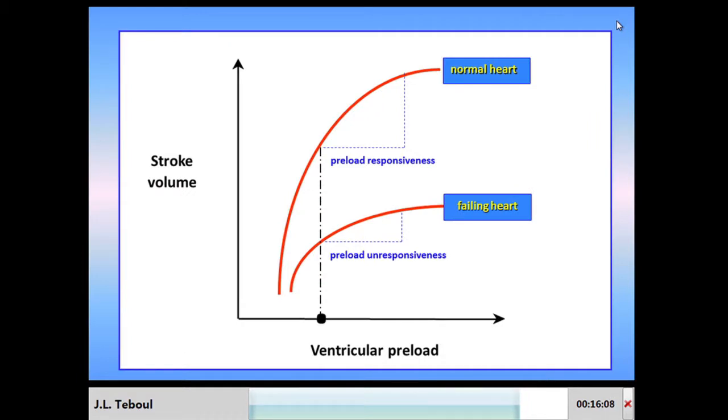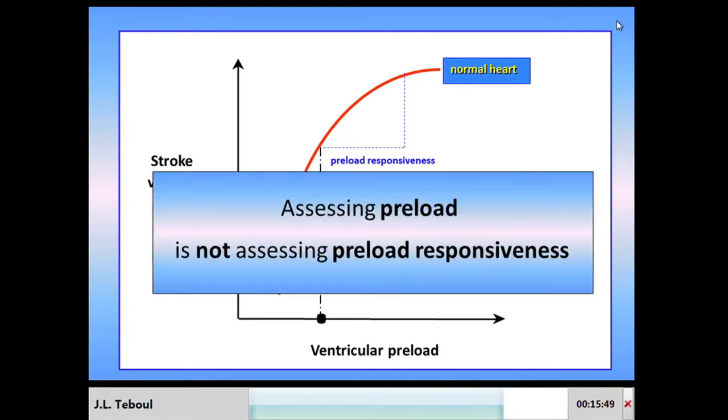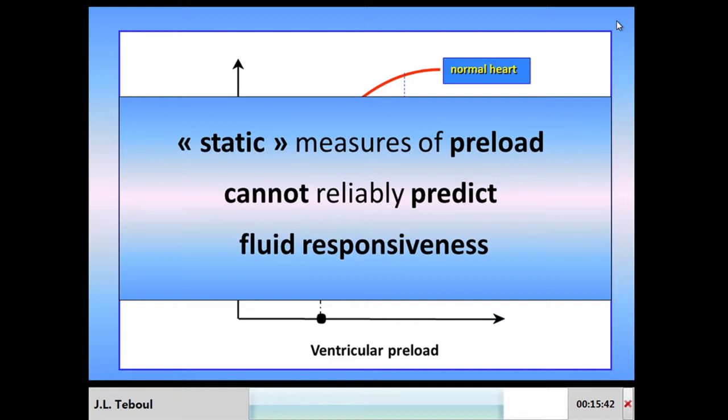In other words, if you measure preload by CVP, by whatever, you can have preload responsiveness if the heart is normal, or preload unresponsiveness if the heart is failing. So you cannot rely on markers of preload for predicting fluid responsiveness. Preload is not preload responsiveness, so you cannot rely on this kind of markers like CVP.